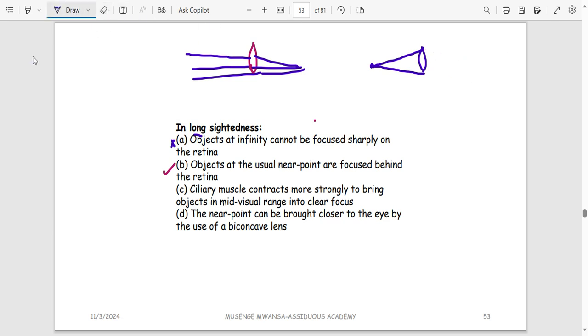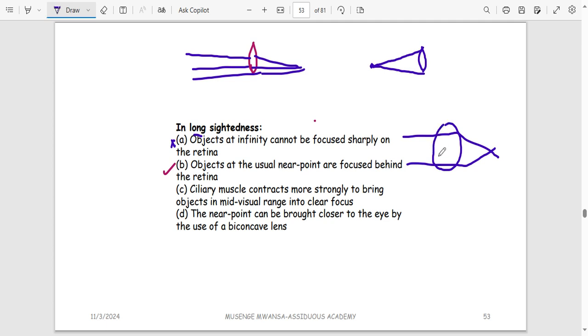And what you should be able to do is, when the lens becomes more curved, it means it's now able to make your rays bend all the more. So what should you do in this case? How can you make the lens become more curved instead of more elongated?